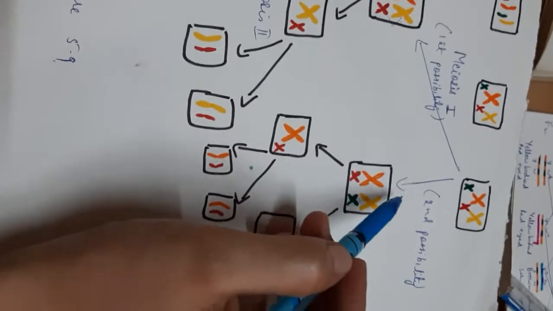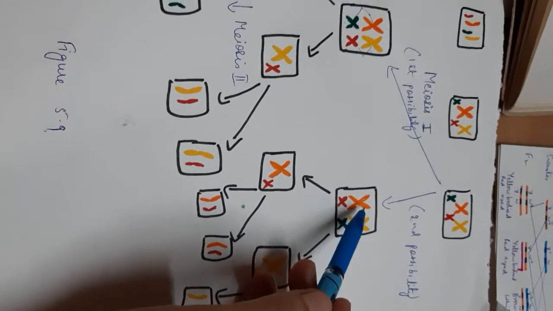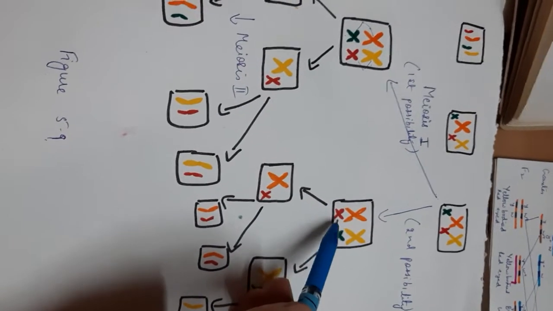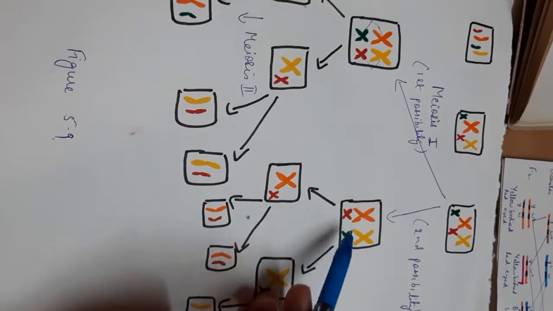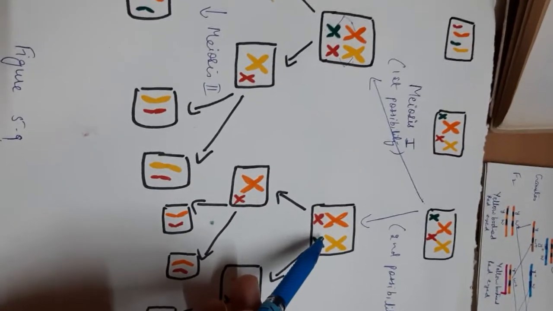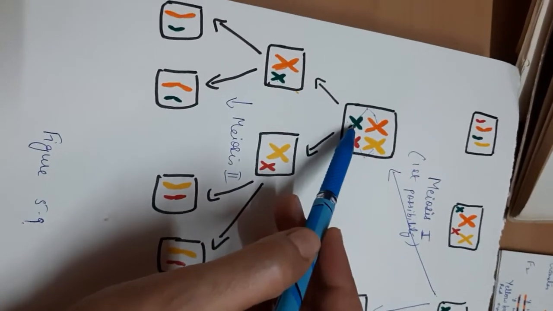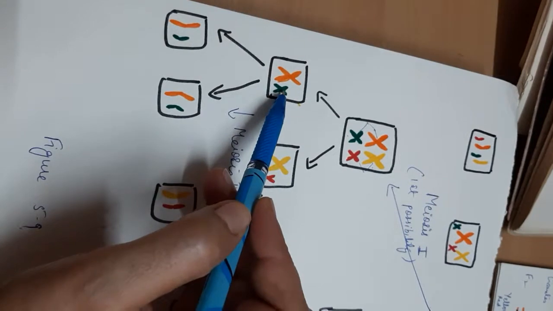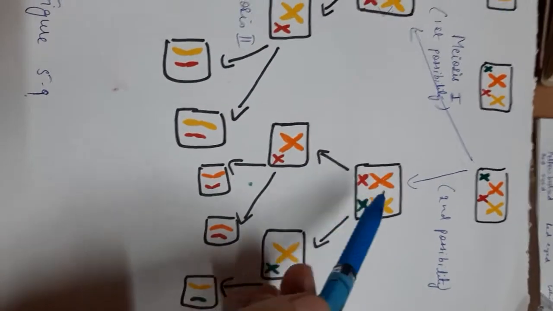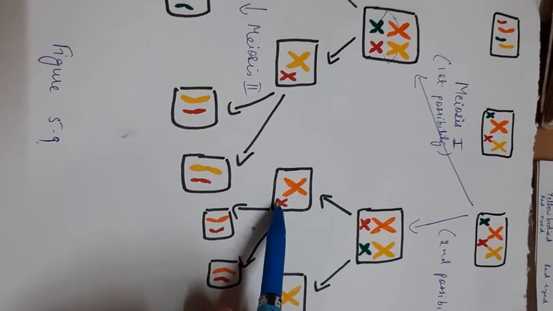Then the second possibility: this orange chromosome of the first pair may segregate with the red chromosome of the second pair, right? So it is not always 100% that this orange chromosome will go along with the green chromosome. It can also happen that this orange chromosome goes along with the red chromosome, right?